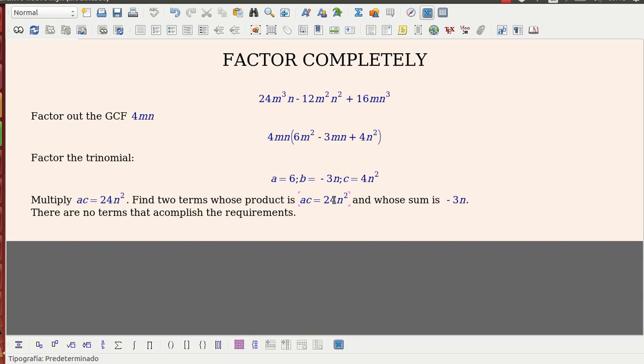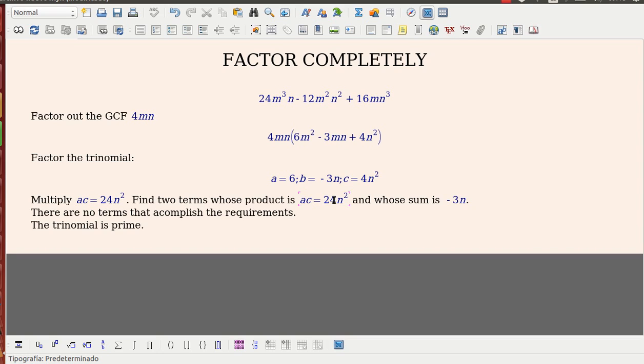As there are no terms, the trinomial cannot be factored. The trinomial is prime. As we could see that the trinomial is prime, we have to say that this is the answer.